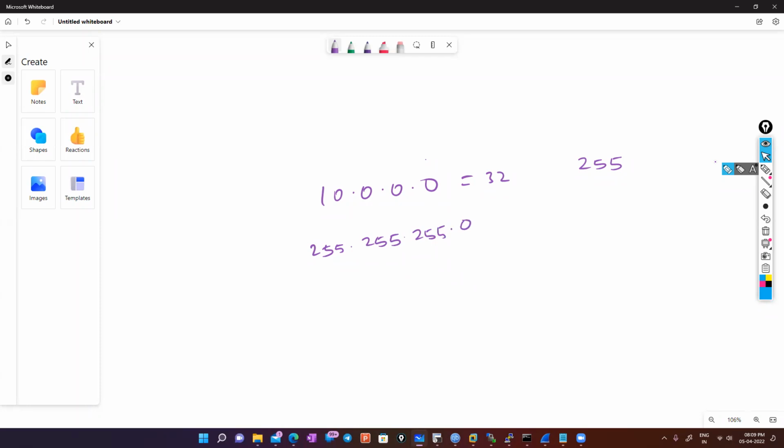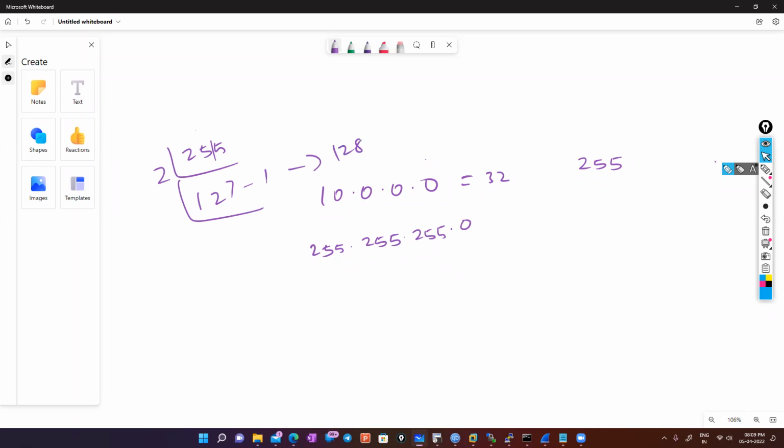So how do I get this value? If you split 255 by dividing it by 2, the remainder is 1, and it gives me a value of 128.